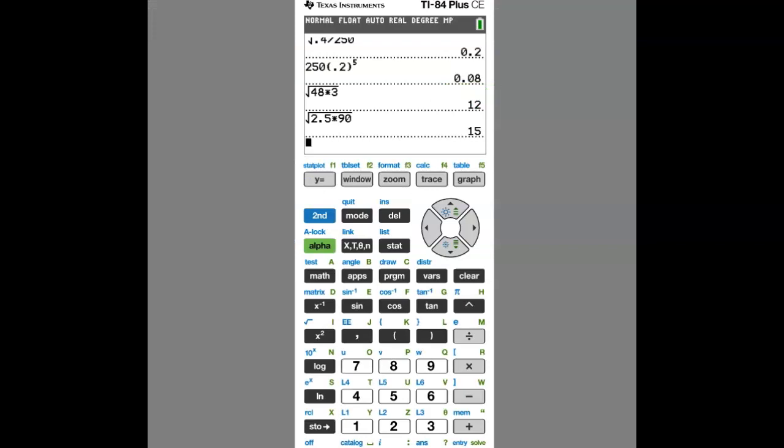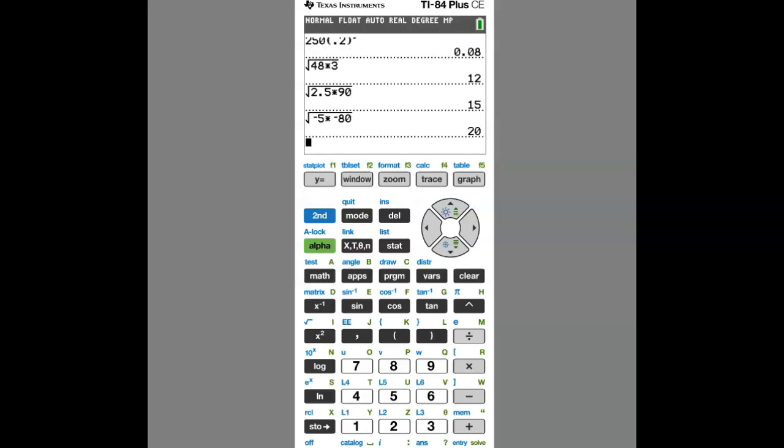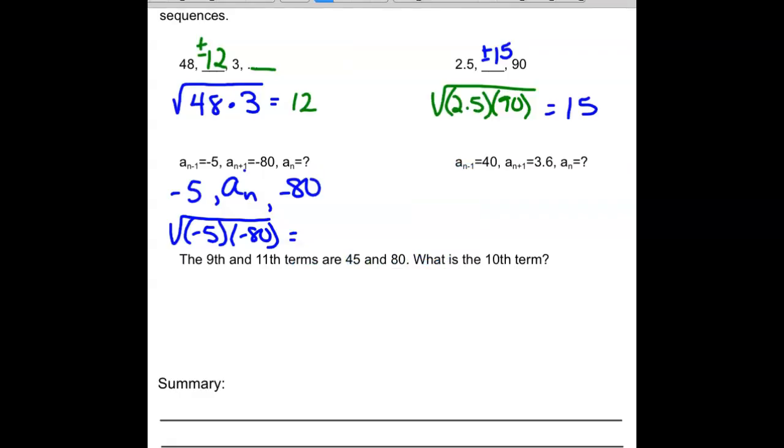We'll grab our calculators. We want the square root of negative 5 times negative 80. And we end up with 20. So our geometric mean is 20. Our missing term could be positive or negative 20.